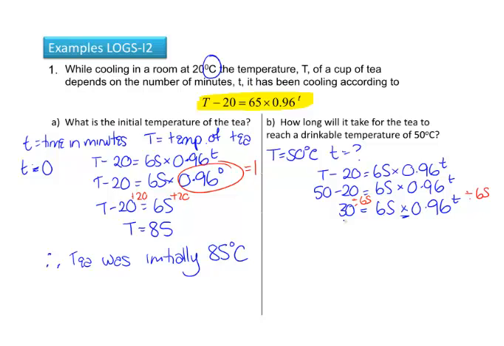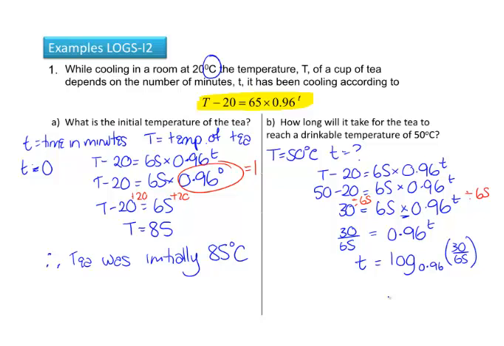So now I have 30 over 65 equals 0.96 to the T. Again, I'm not going to work out what that 30 divided by 65 is, because then I'm approximating twice. I rewrite this now as a logarithm and I end up with T equals log to the base 0.96 of 30 over 65.